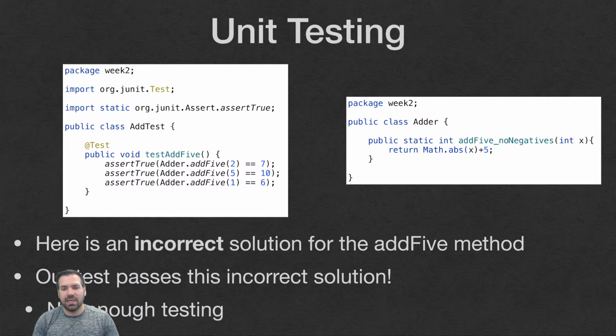Even when you can see your code, and this is, I think, what a lot of people miss with testing, your tests need to be able to identify any incorrect solutions. Even if you write return x plus 5, you write your tests, and you think, my code's return x plus 5, it's correct, why am I even bothering to test this? It's just return x plus 5, and it's obviously correct.